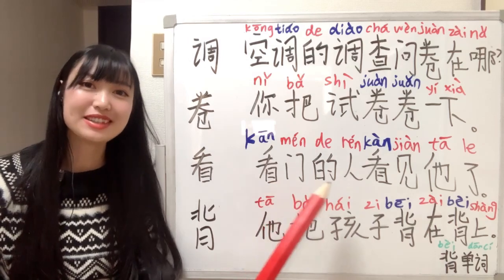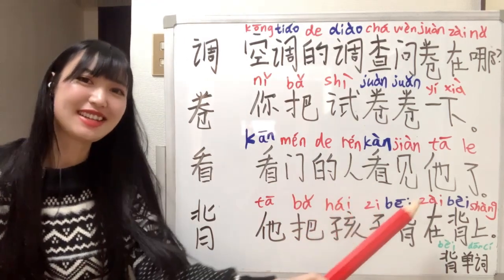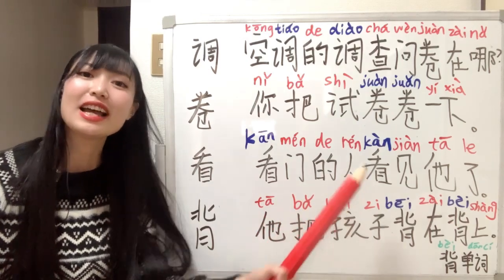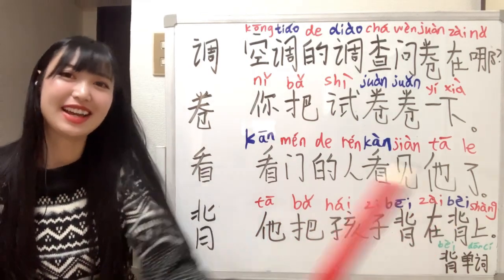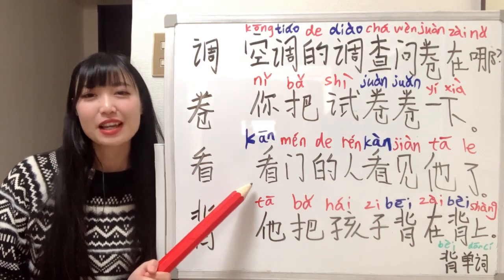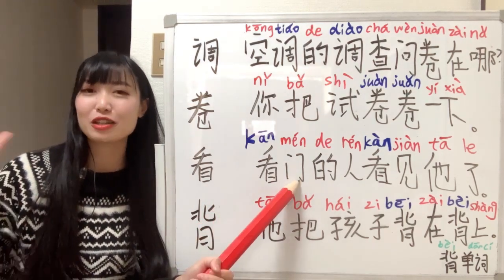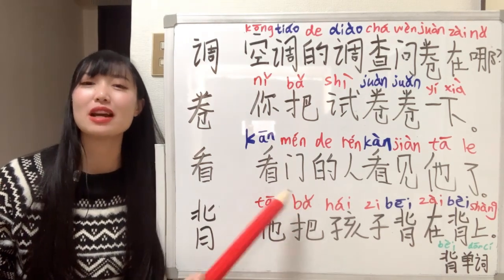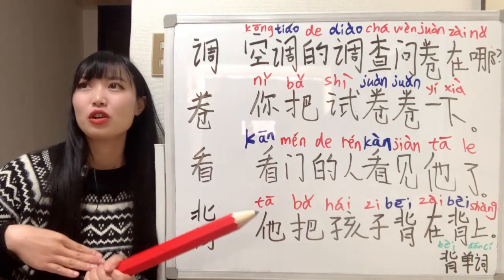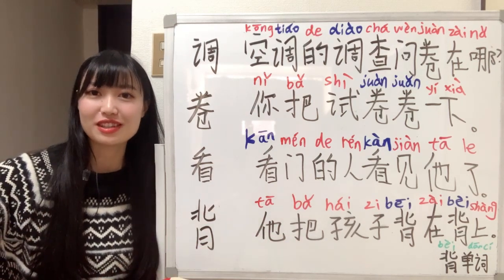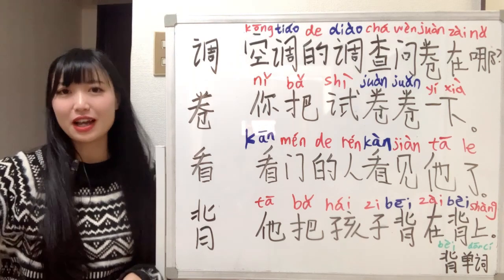看门的人看见他了。看门的人看见他了。So 看 means to guard. 门 means the door. 看门 means to look after, to guard the entrance, or to look after this area.